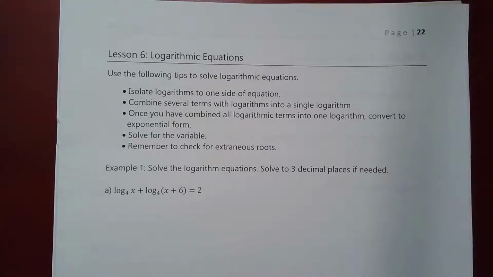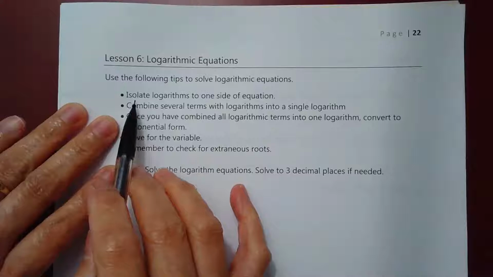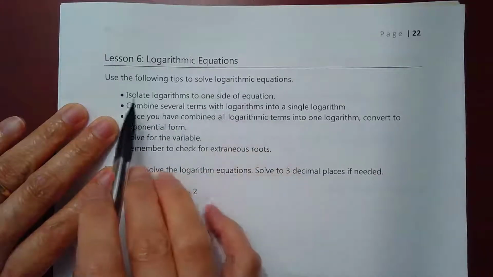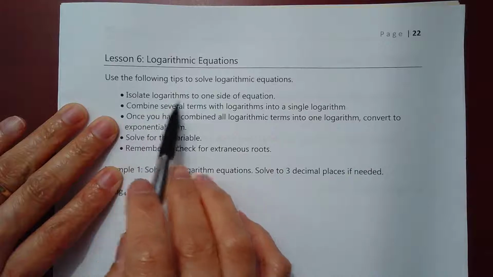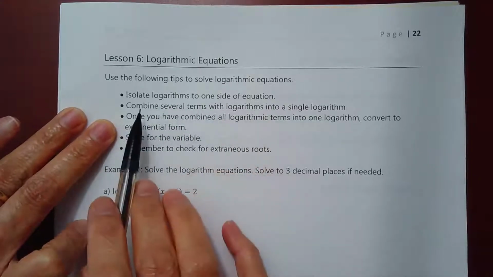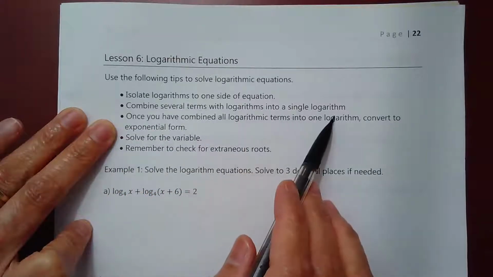So today we're going to be continuing on with chapter 5, and right now we are on the next lesson. Use the following tips to solve logarithmic equations. Isolate logarithms to one side of the equation, combine several terms with logarithms into a single logarithm.